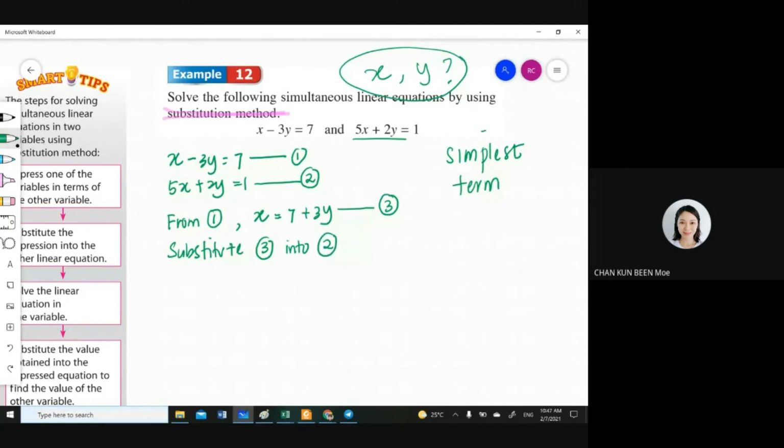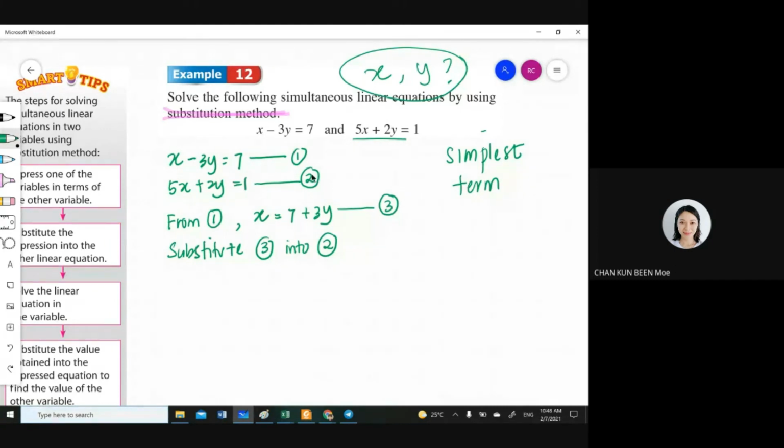Why 2? Because this equation, I get it from 1. If you substitute the same equation into 1, you won't be able to solve it. That's why you must substitute into another different equation, which is 2. So if you substitute into 2, you'll be able to solve it.